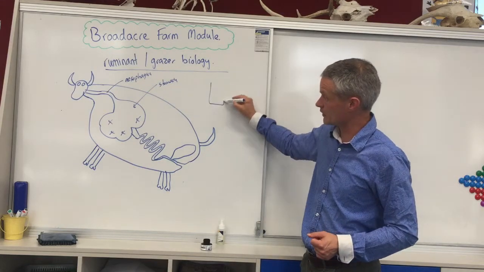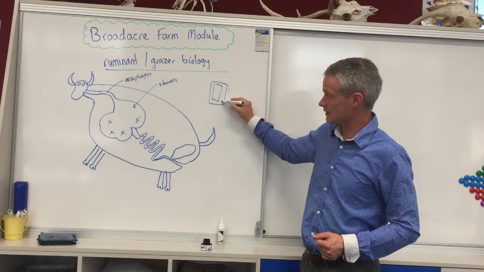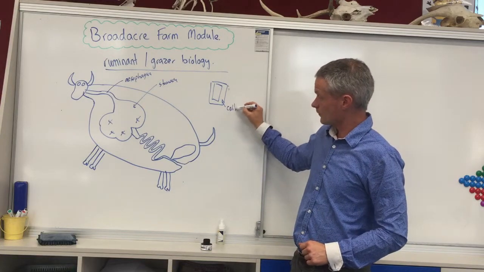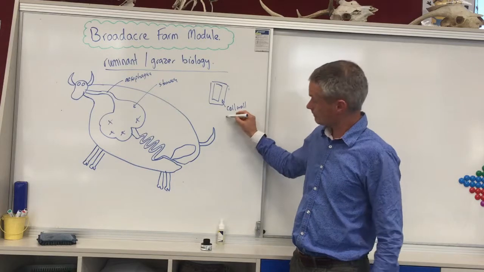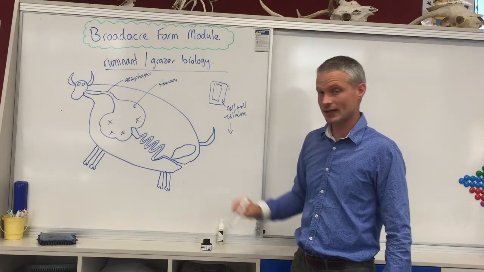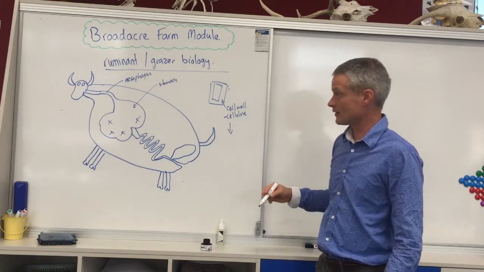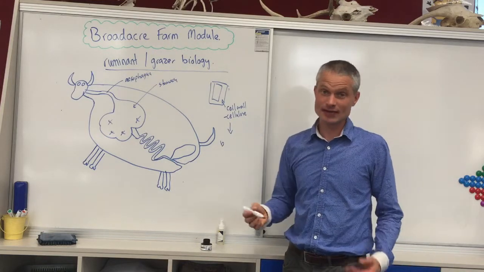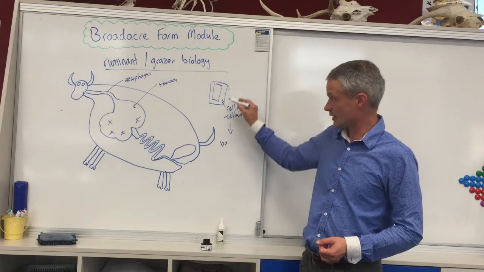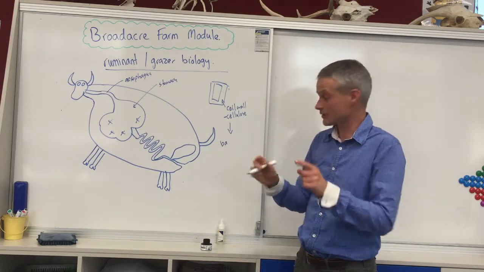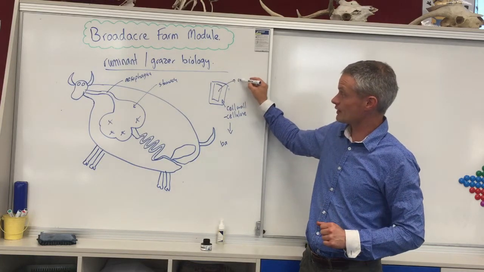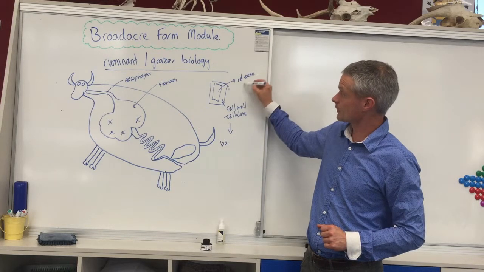So cellulose is, when you look at a plant cell, it's the tough outer cell wall. So this cell wall has a lot of cellulose in it. And that cellulose can only be broken down by bacteria. We don't have the enzymes within our digestive system, no animal does, to break down the tough fibrous cellulose in the cell wall of plants, and you need to break that down to release the nutrients that are inside.